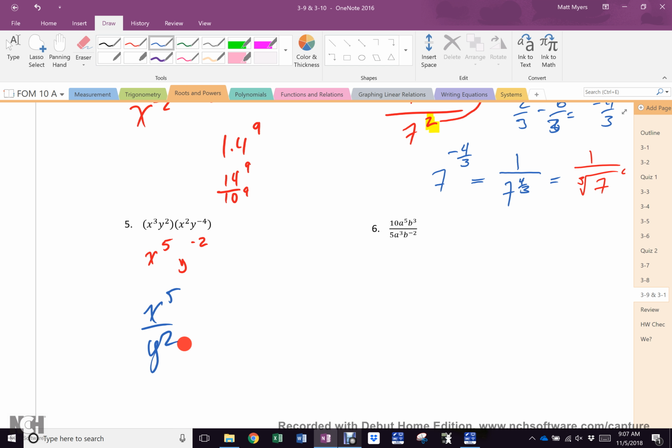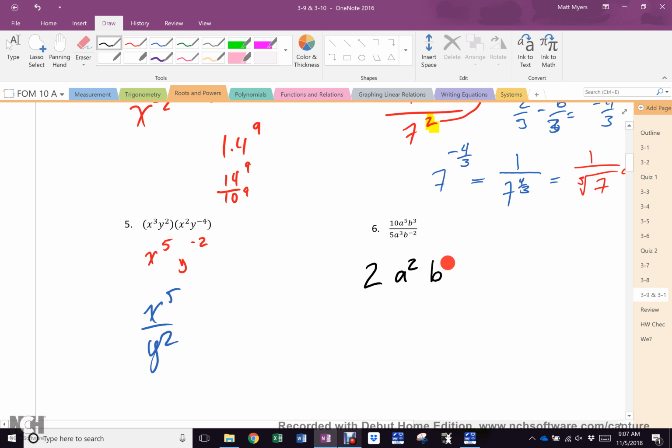Number 6. If there were no letters, what would the answer be? 2. If there were no 10 and 5 and no B's, what would it be? A squared. If there was no 10 and 5 and no A's, what would it be?